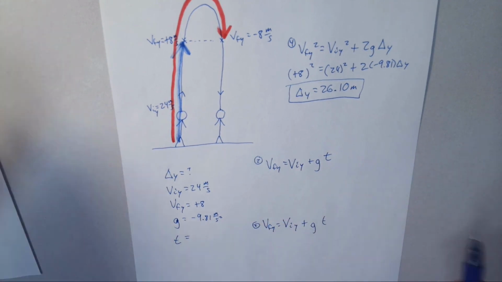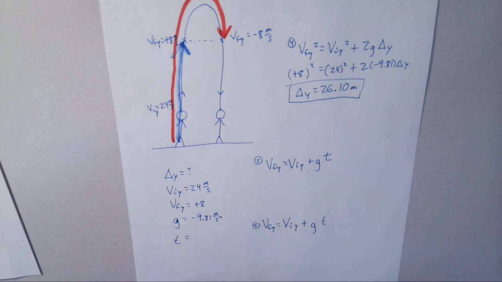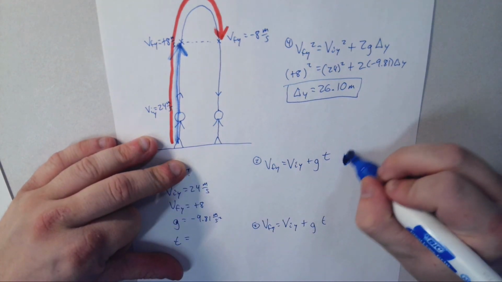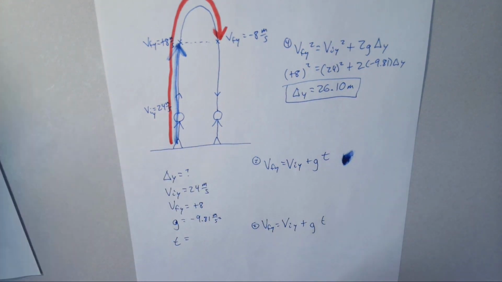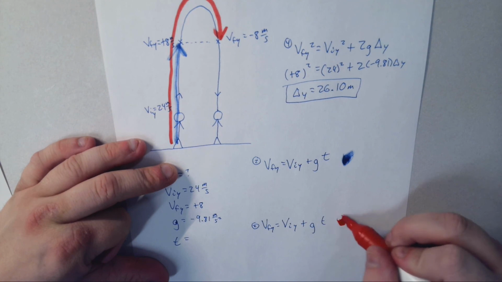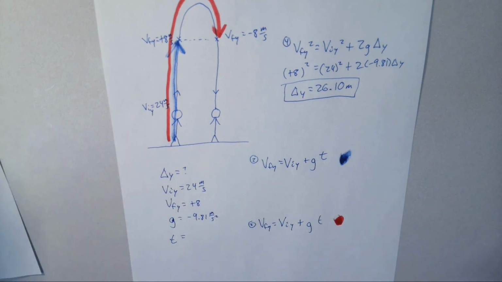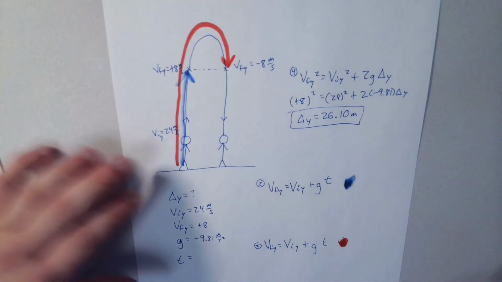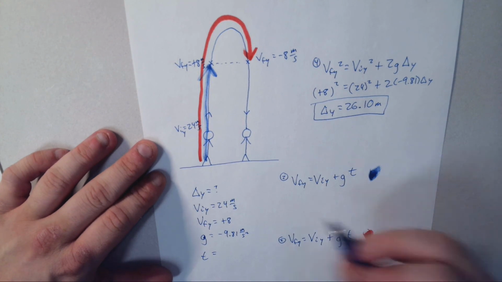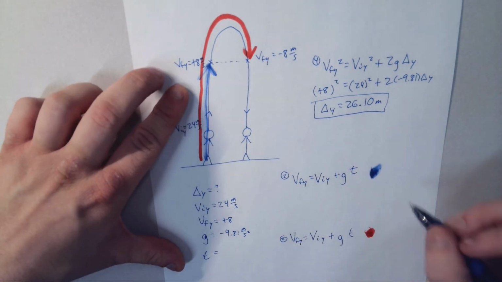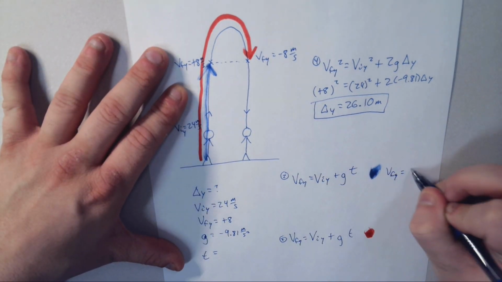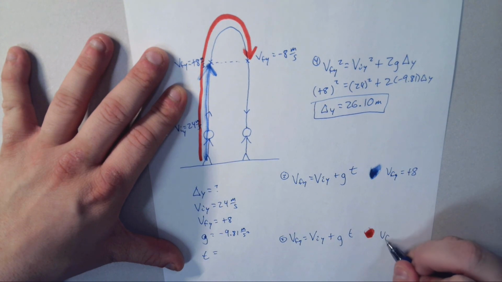So for the blue scenario and the red scenario, once again, we should expect the red to be longer because it takes a longer path. And here we go. Final velocity: this is where the final velocity in the y direction is +8, and this is where the final velocity in the y direction is -8.